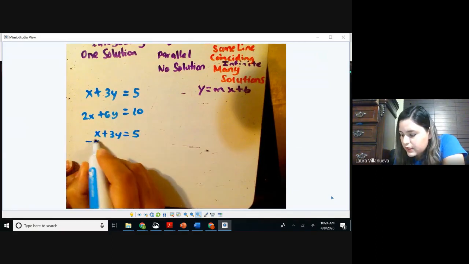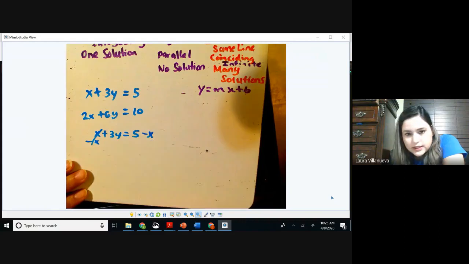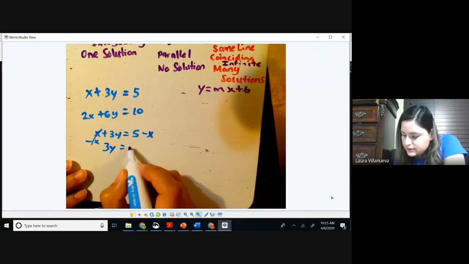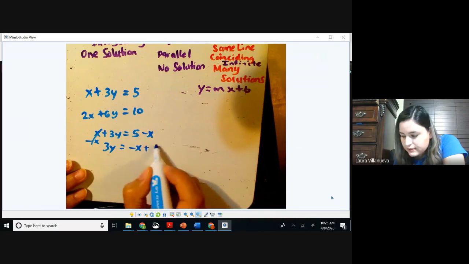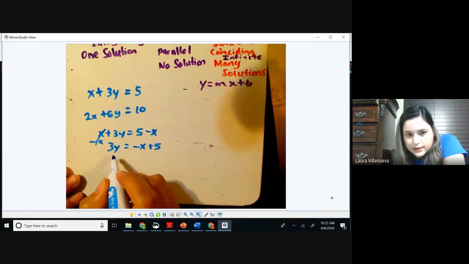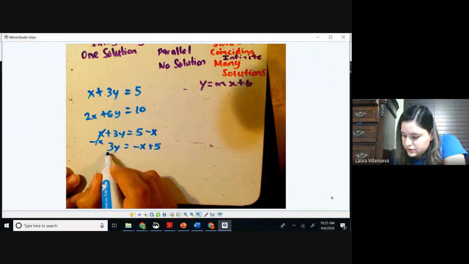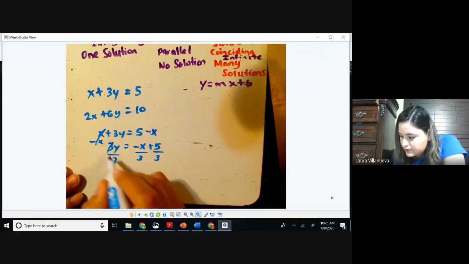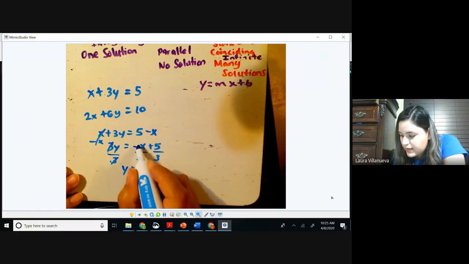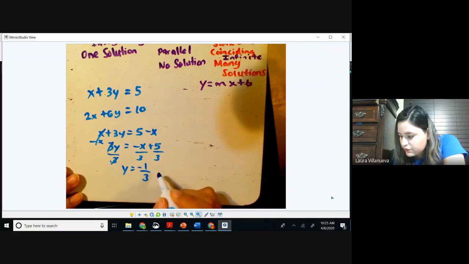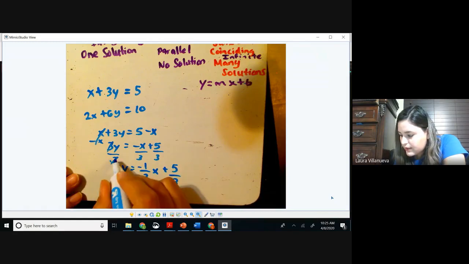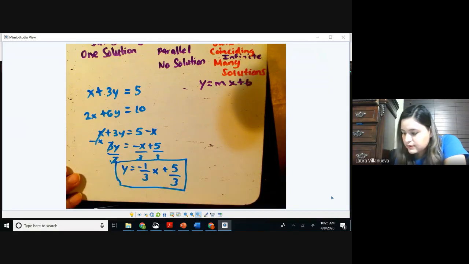I'm going to move the x to this side. So then I have 3y equals negative x plus 5, divided by the number in front of the y, which is 3. So then this is y equals negative 1 over 3 x plus 5 over 3. And that's one of my lines.